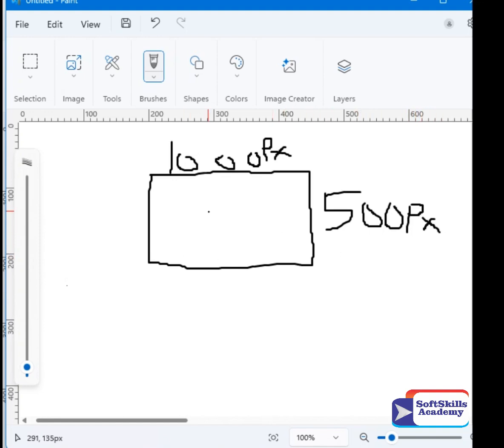To get the total number of pixels, you multiply the number of pixels in the width by the height. Thus, you have 1000 pixels multiplied by 500 pixels.